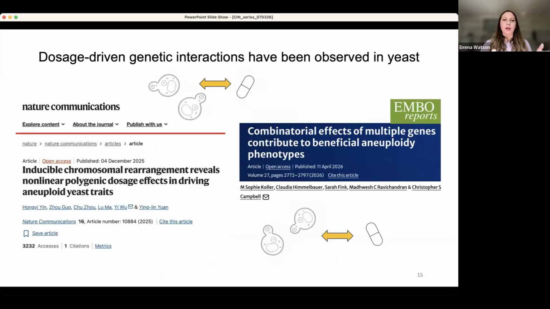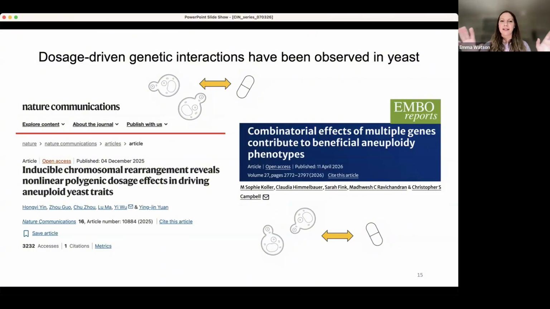And so this has been observed fairly recently in yeast, interestingly also in the realm of drug resistance. This is work from Yuan lab, and there's a lot of work from Chris Campbell's lab showing that aneuploidies in yeast that have specific phenotypes can often be driven by genetic interactions, either in this case between genes on the same region or between genes on different chromosomes that are co-amplified or co-deleted.